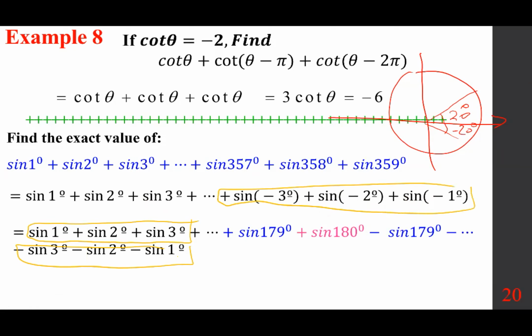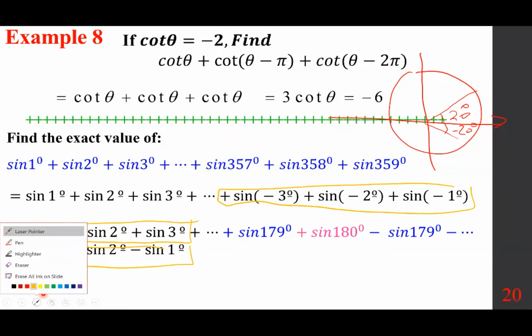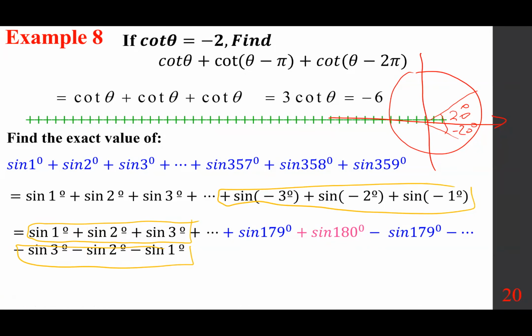But what is in the middle, we're going to continue all the way to 179, and then all the way to 180. And then this is 181. Let me just write that at top of it. This one is plus sine of 181 degrees, which is the same as sine of -179 or minus sine of 179.